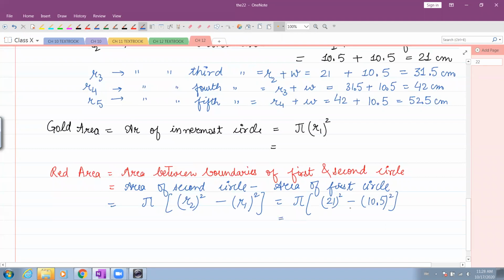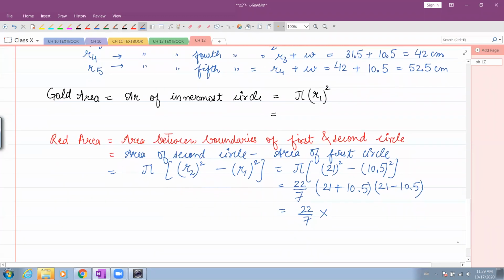And rather than calculating the squares, I suggest that you use the identities to solve this. A square minus B square. So you can apply the identity. In exam, you will not be having a calculator with you. So you will need to work this out by hand. So please solve using manual work.